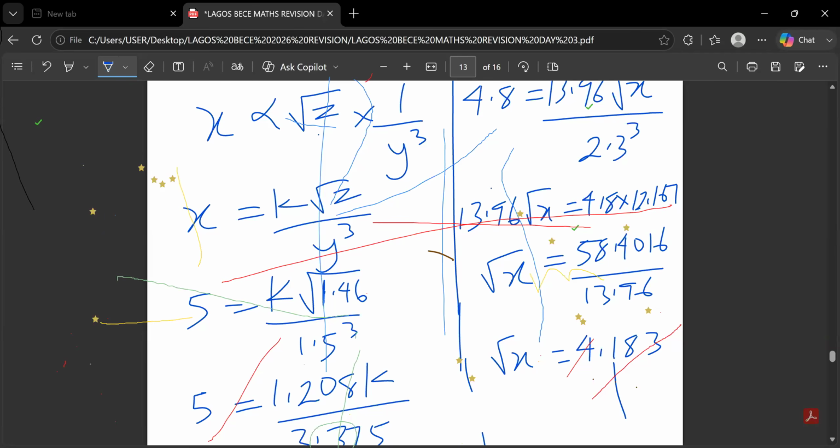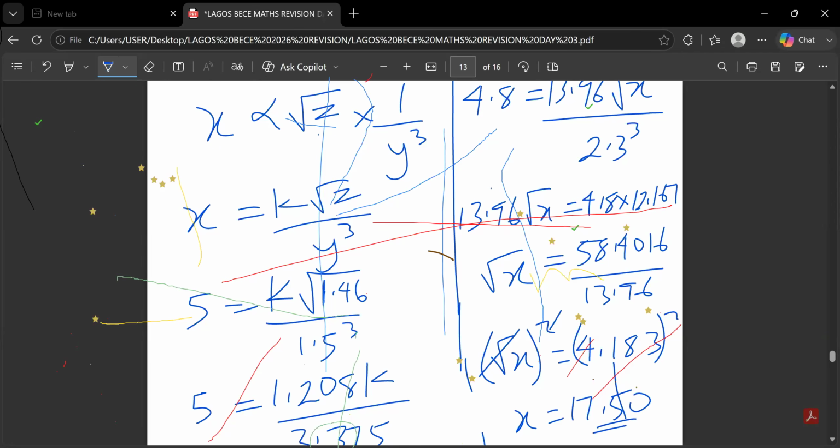Since it is x we are looking for, you square both sides. This cancels the square root, so x will be equal to 4.183 raised to power 2. This gives us 17.50. So that is that on this one.